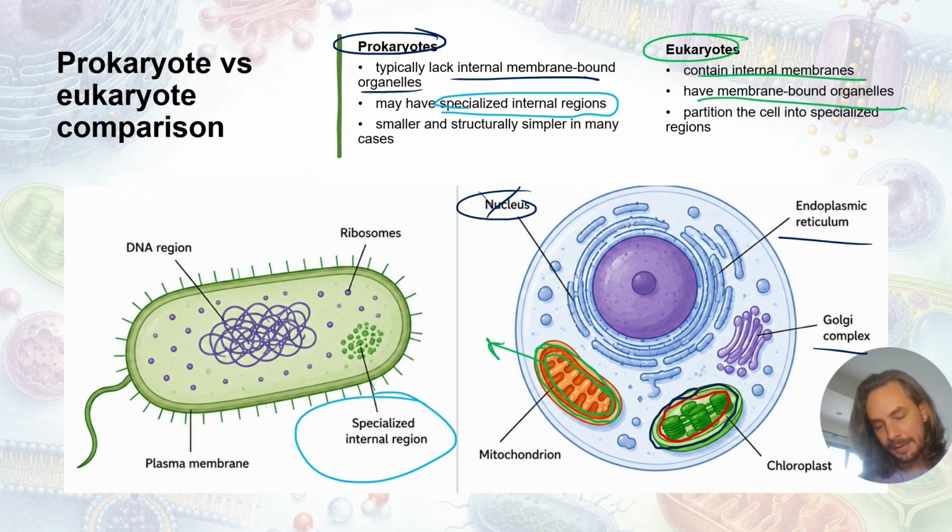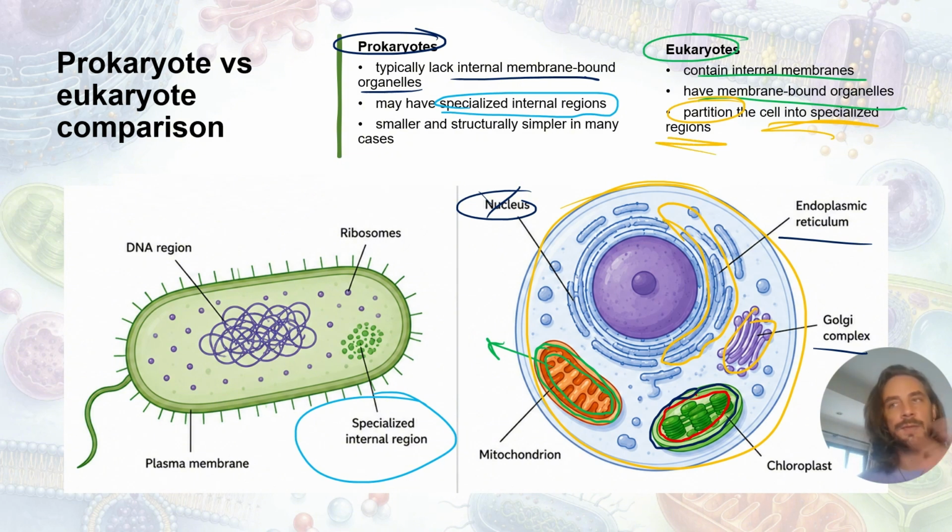So it has membrane-bound organelles. And because it has these different membranes, it creates partitions that put the cell into specialized regions.